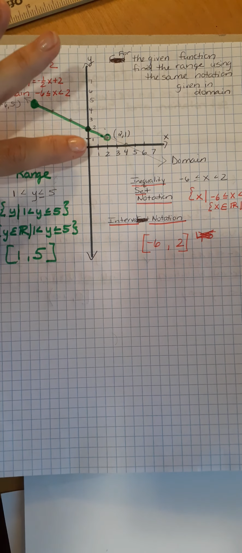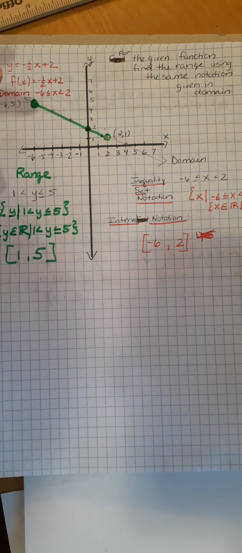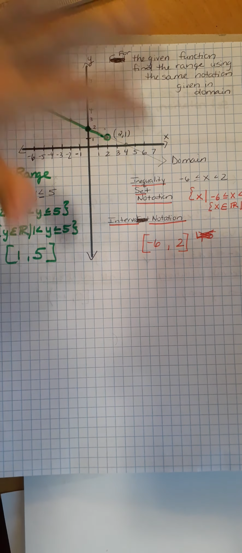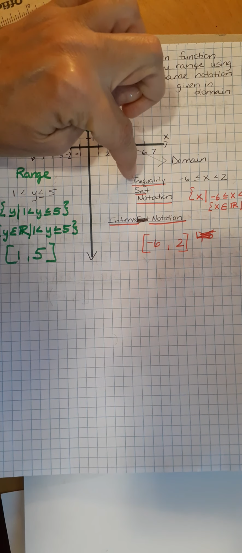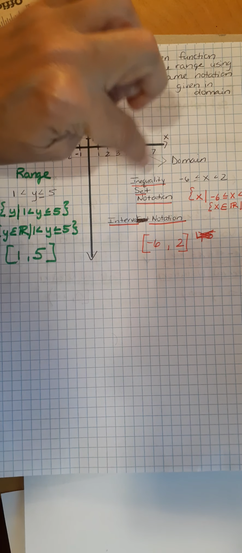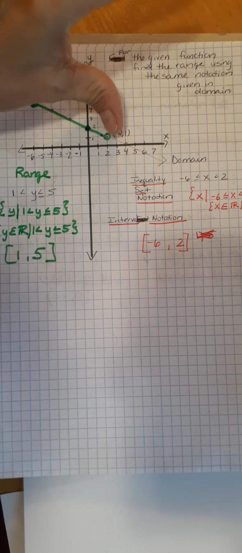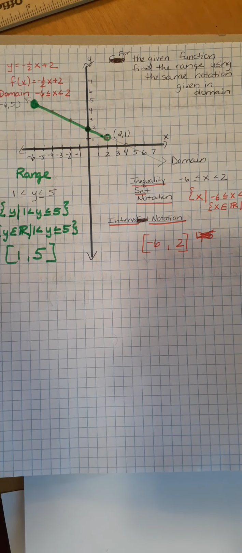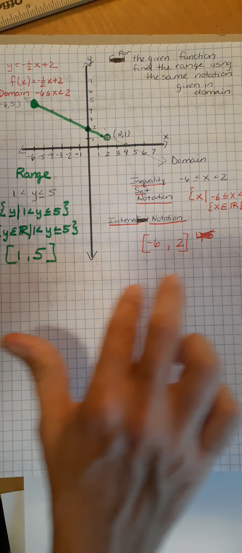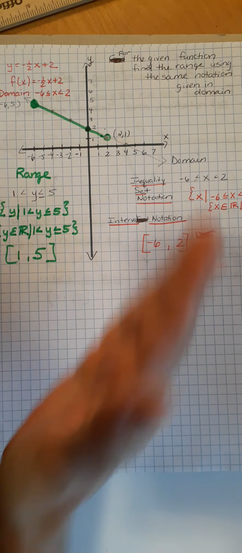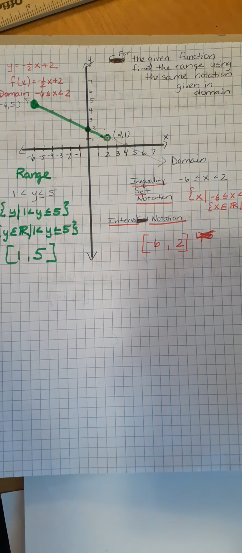You really can't tell if it includes or not. So in this case, it's probably a better idea to use the inequality or the set notation because it really specifies if the numbers are included or not. But this is the last one, interval notation, which just tells you what space it takes up. And that's it. I hope that helps.